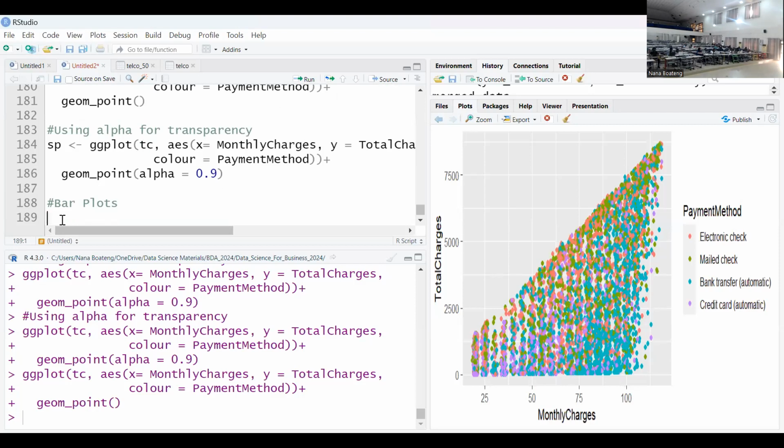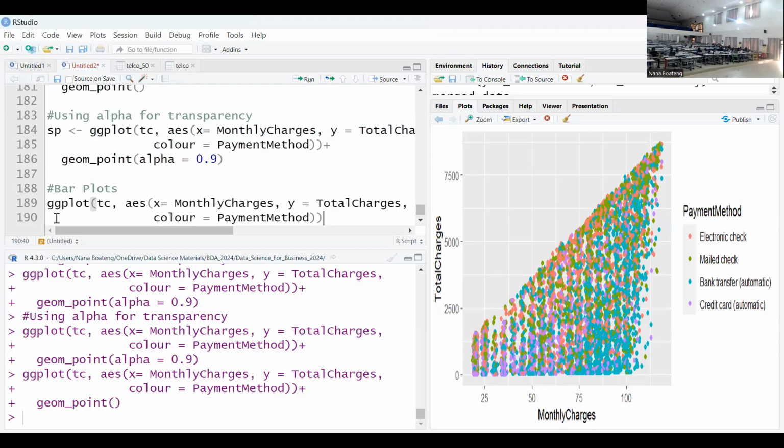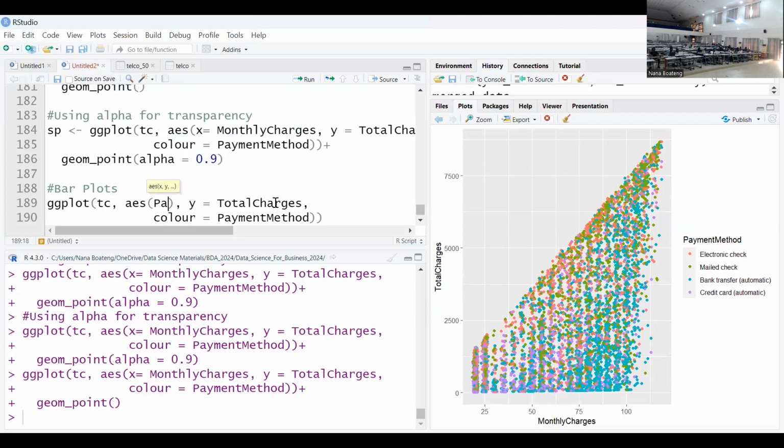So for a bar plot, we use ggplot. We can just copy this. So ggplot, we are taking it from TC. This time round, we want payment method.